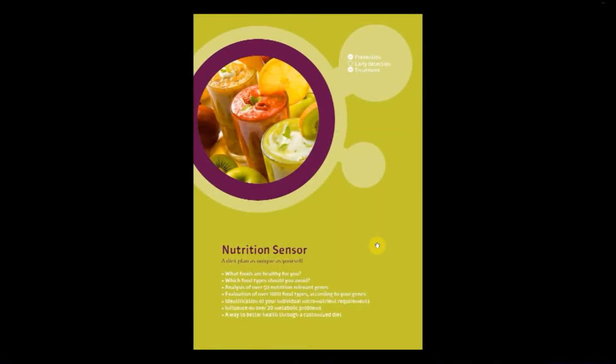So this here is a nutrition sensor part. This is the eating healthy part to make sure your body gets the right nutrients. And this is useful for prevention, to prevent certain metabolic problems from developing, and for treatment.